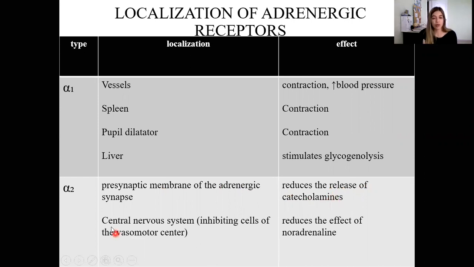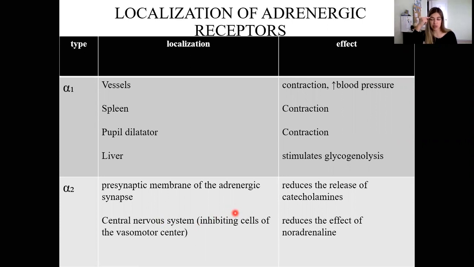Sorry. We also have the central nervous system, and exactly the inhibiting cells of the vasomotor center. And by stimulating these inhibiting cells, you see, stimulating of inhibiting cells, the effect will be inhibition.